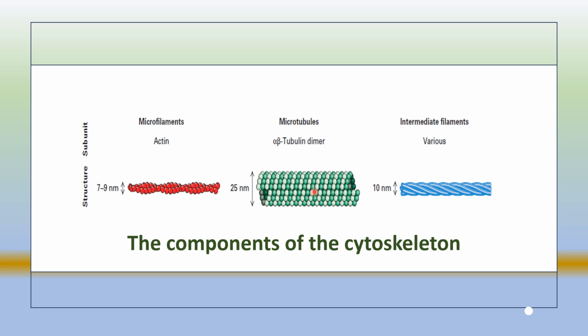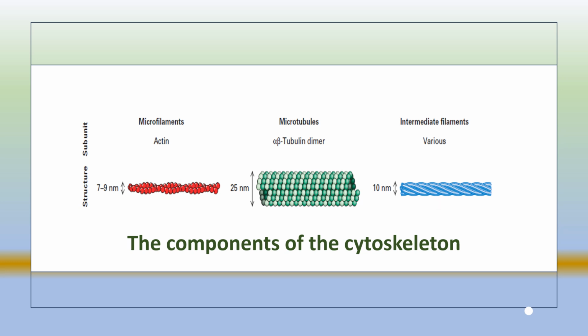These microtubules are hollow, cylinder-like structures in which you will see alpha and beta tubulin dimers arranged one on top of another, and they form this cylindrical pattern. Similarly, we have the intermediate filaments, which are 10 nanometers in diameter. Again, you will find a coiled-coil-like structure, which maintains the shape and structural support within the cell.